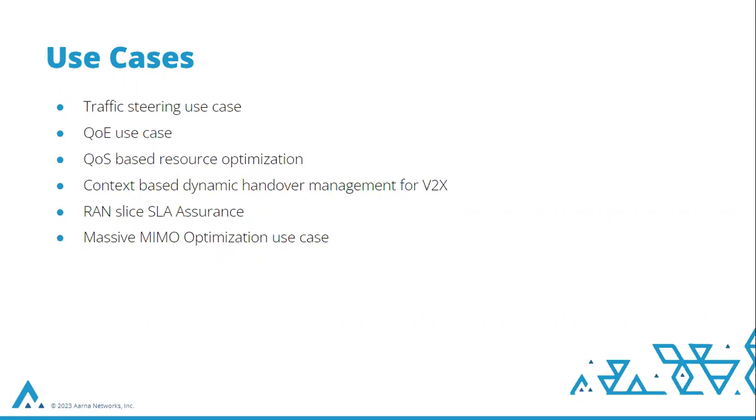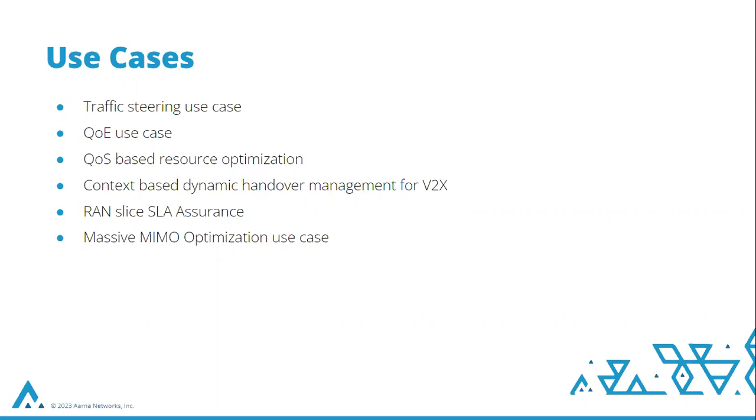The traffic steering use case is mainly meant for a balanced distribution of traffic across all the cells. Let's take an example: if we need to serve more users, then we need to install one more cell. That is one way of scaling out. But instead, if we efficiently reuse the existing cells and balance the traffic, then through RAN optimization we can use the RAN to its full potential.